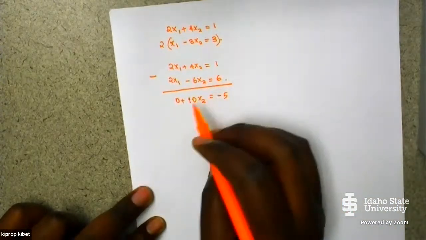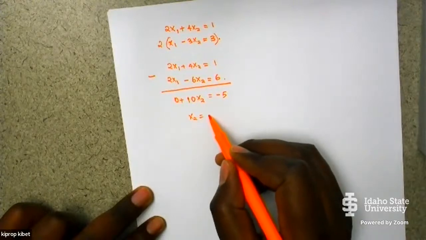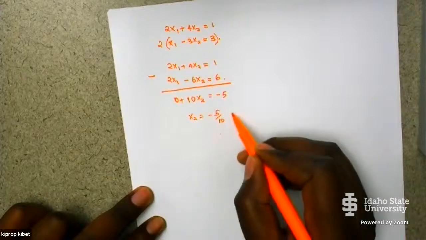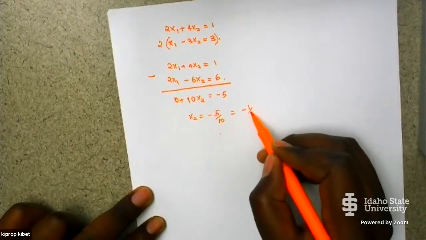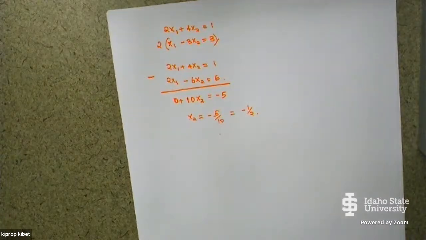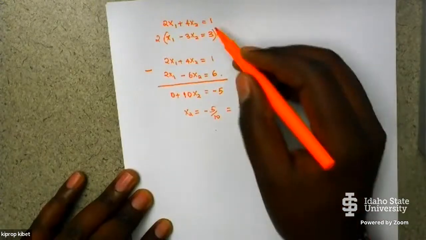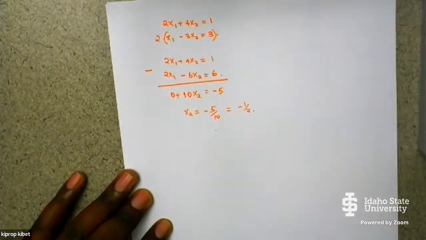So x2 equals -5 over 10, and this is similar to 1 over 2.